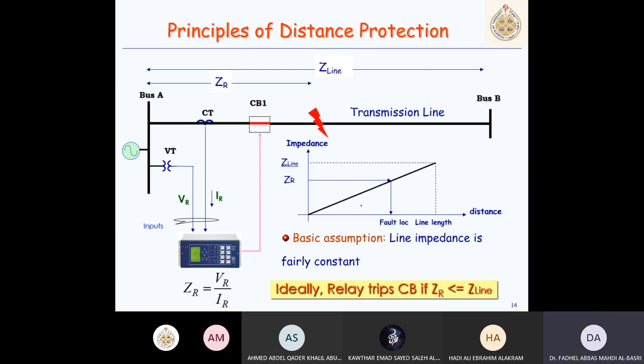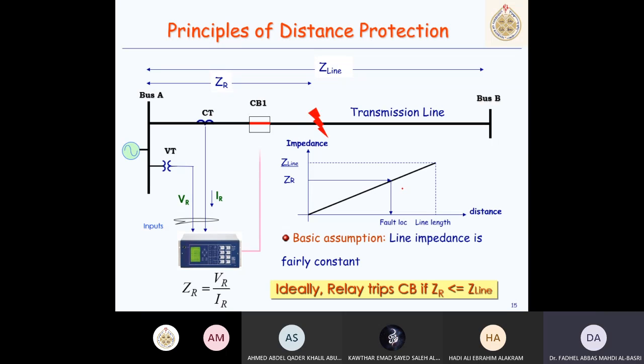Now ideally, the line impedance is fairly proportional to the line length. So at the end of the line, this is ZL. At the middle of the line it will be half of that impedance.